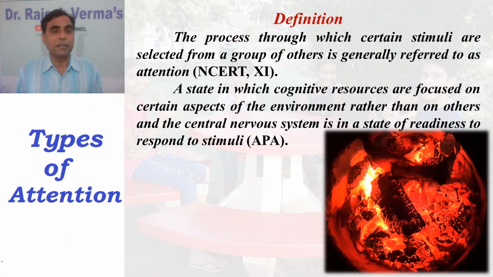NCERT calls attention a process, whereas APA calls attention a state. NCERT calls the information-generating items stimuli, whereas APA calls them certain aspects of the environment. And APA considers the central nervous system an important part that can explain attention.